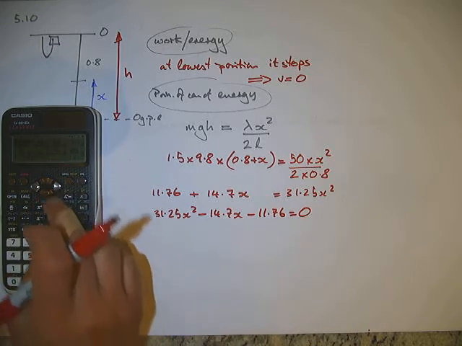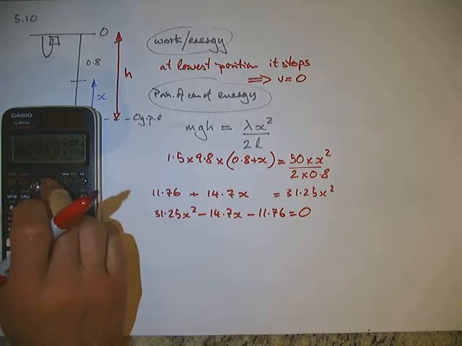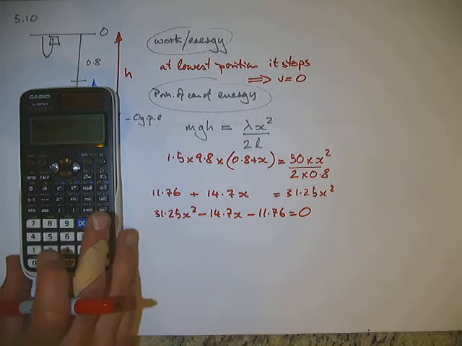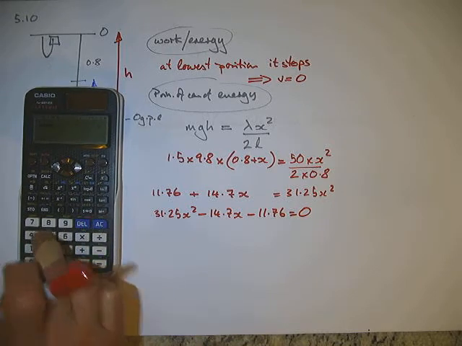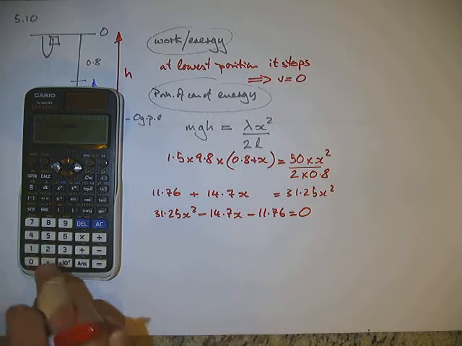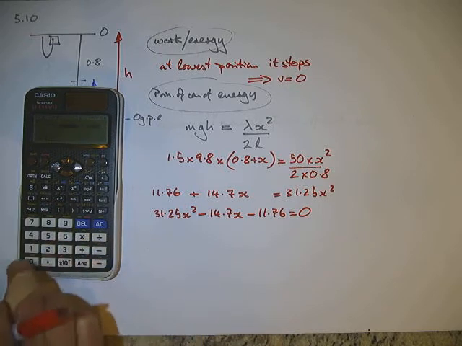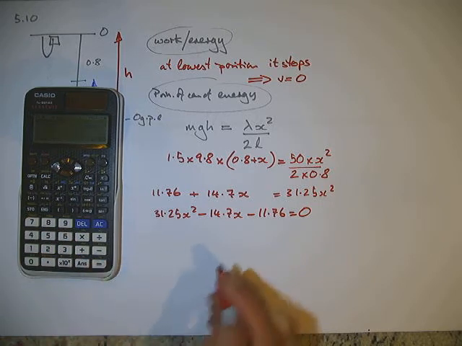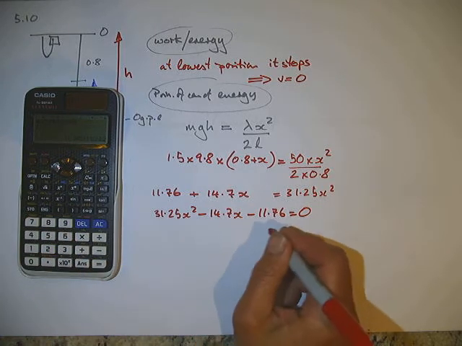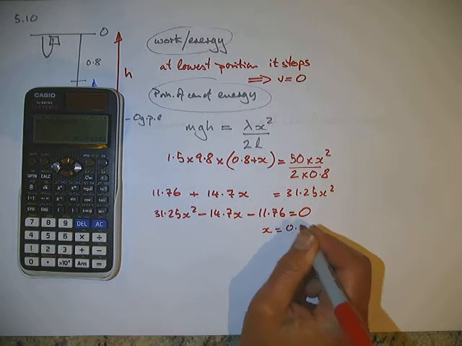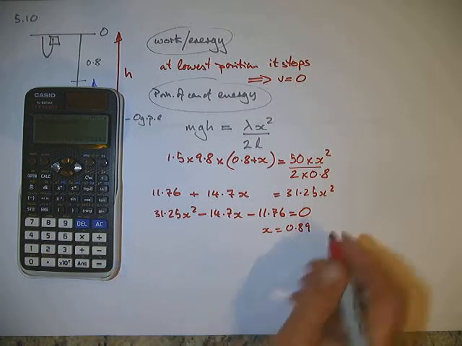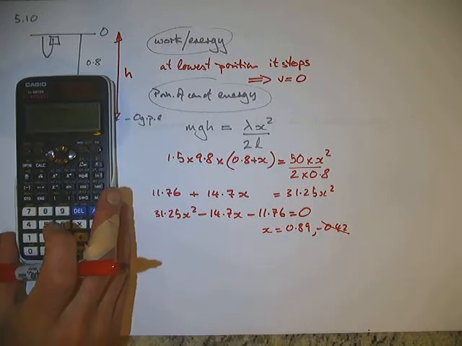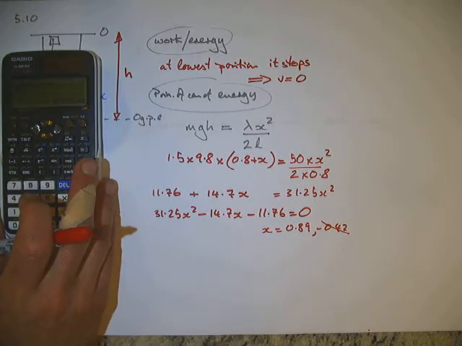So that's menu, equations, polynomial, degree 2, so 31.25, minus 14.7, minus 11.76, and 0.89 and minus 0.42, which we can discard because it doesn't have any relevance as an extension.